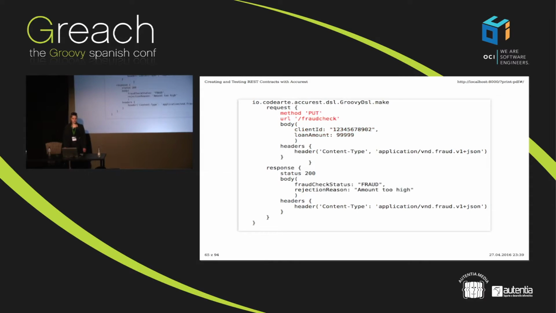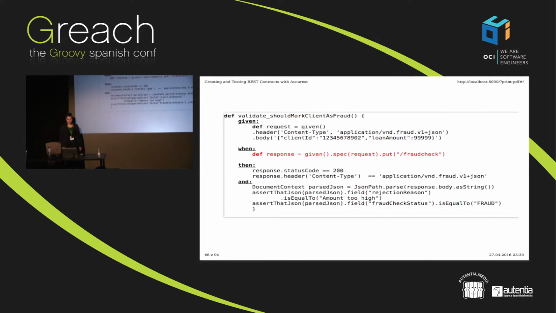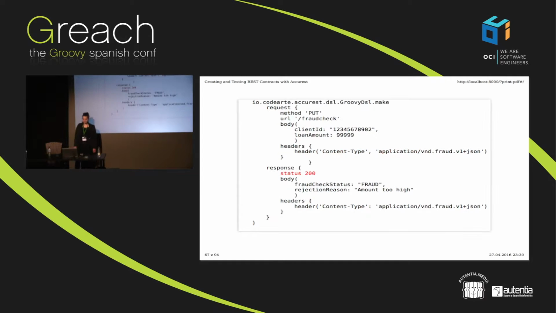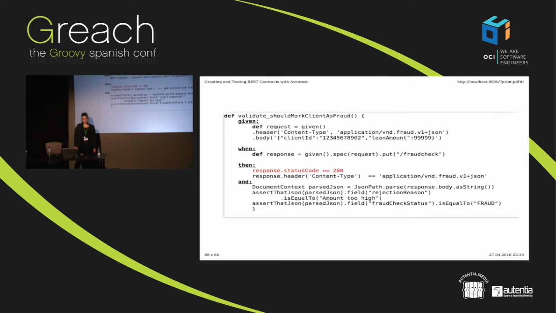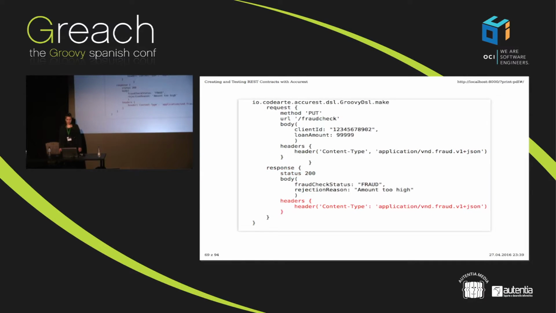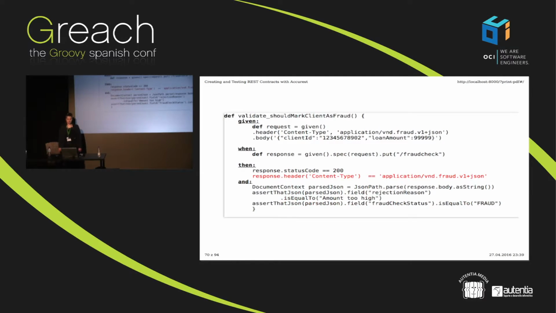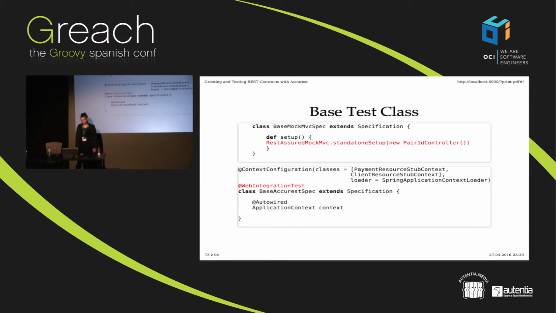Then we use the method and the URL to make the actual call. And then we have to verify every part. So we check the status, we check all the headers, and then the body will be parsed. And for every element of the body that we have specified, there will be assertions made to check if we really get the same reply as we expect.